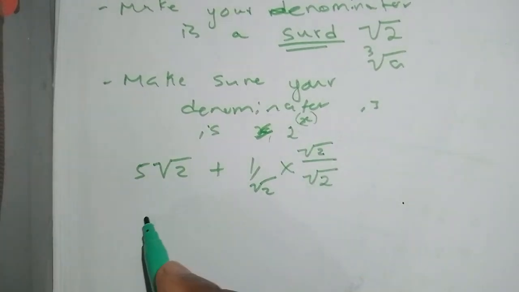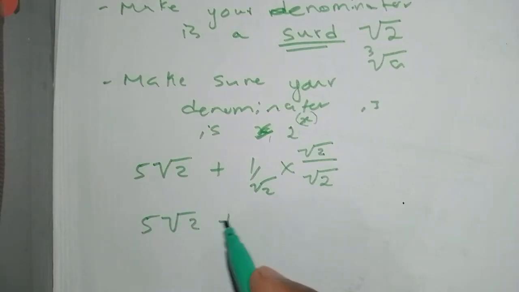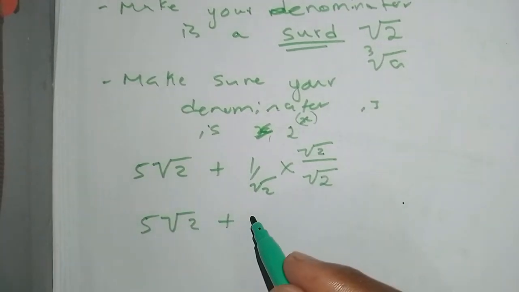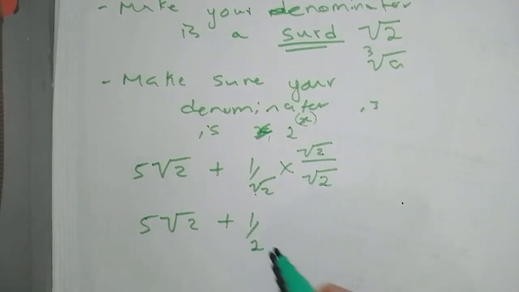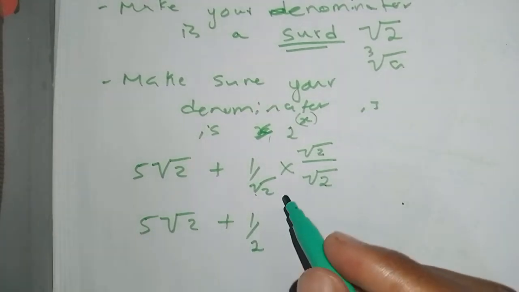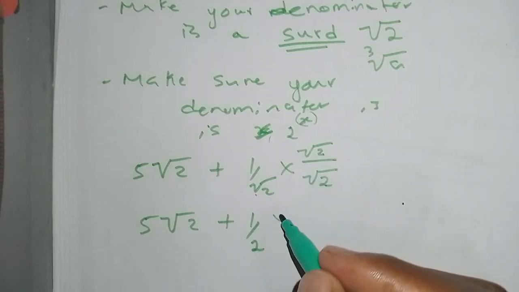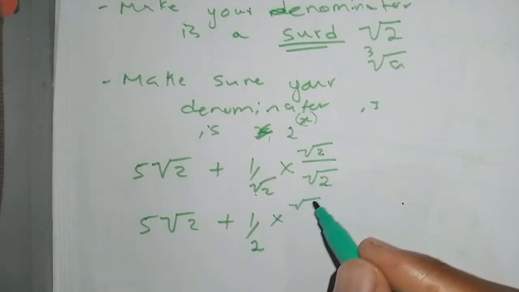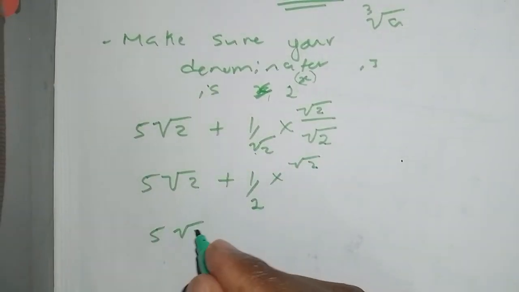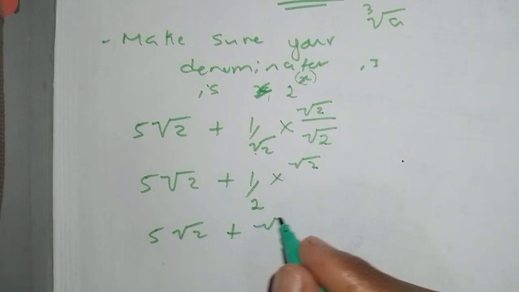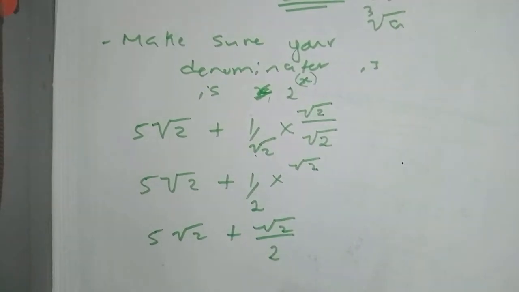Then this is just 5 root 2 plus 1 over root 2 multiplied by root 2. This will just give me 2 at the bottom, and then multiplying root 2 at the top. This will give me 5 root 2 plus root 2 over 2.